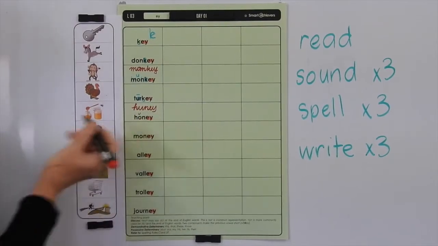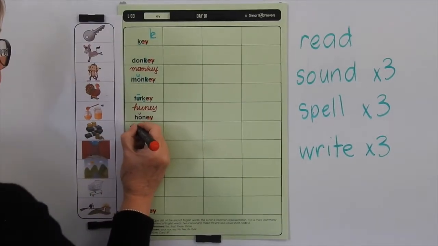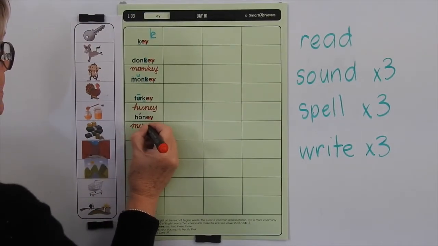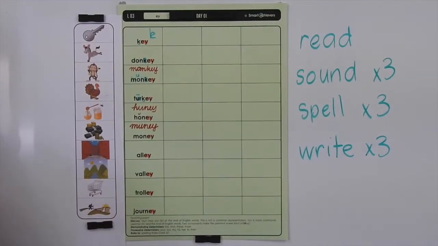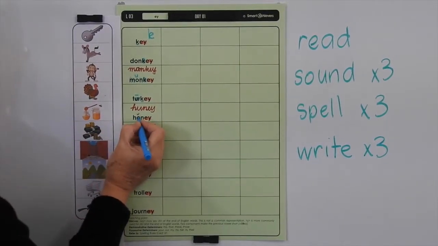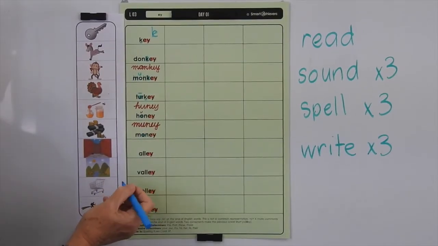So you can see that's quite difficult to read, and I found it very difficult to write. Same as in money. Really hard to write, really difficult to read, and that's why we're using that O for the up sound in those words.